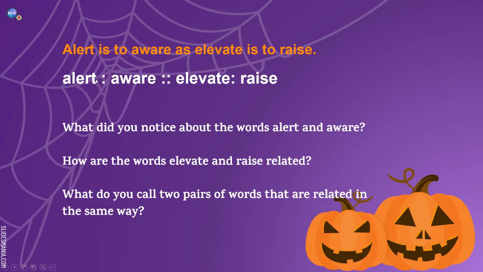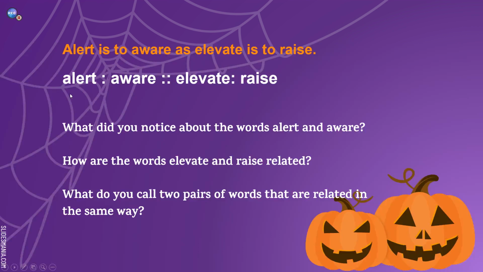Well, we notice that they are synonyms, correct? And we know synonyms are words that mean the same. Alert and aware are words that do mean the same. So if these are synonyms, then that means that the second word pair also has to be synonyms. They have to relate in the exact same way that these two words do.